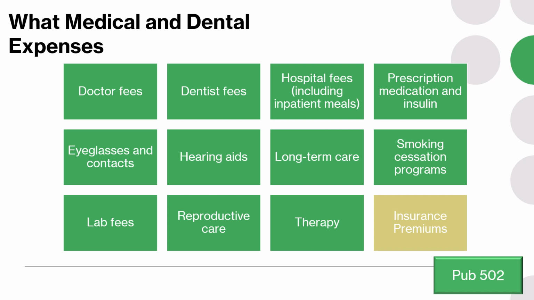Therapy also counts, so regardless of whether it's physical therapy or mental health therapy, as long as it's considered medically necessary, it's something that can be deducted. And insurance premiums, but insurance premiums are a little tricky, and so we're going to talk more about those.